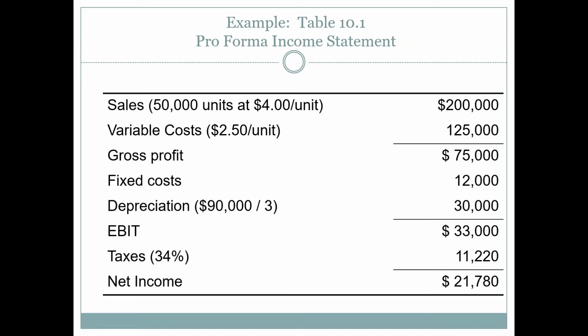And so I estimate my fixed cost, and then the last thing I've got to estimate before EBIT is depreciation. Now, depreciation is an accounting measure that I do to try to tie the costs of buying fixed assets with the associated revenue generated by those fixed assets.